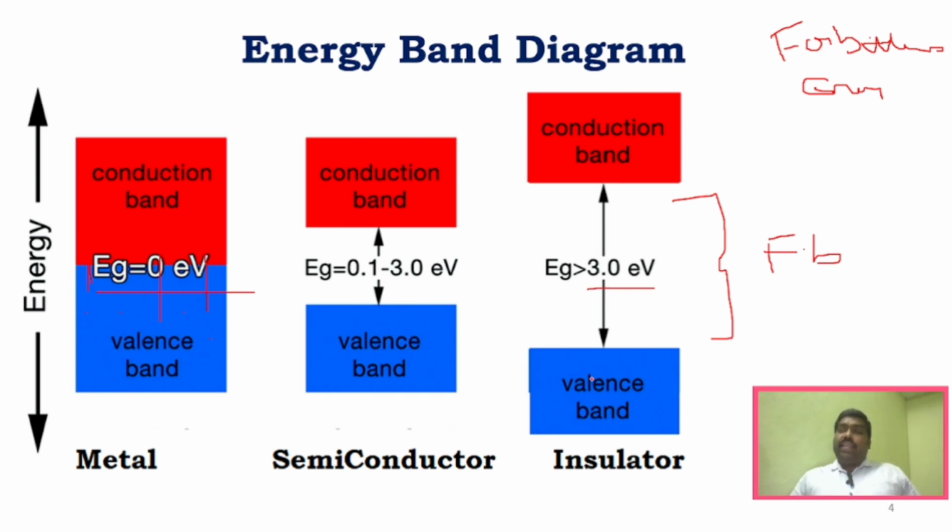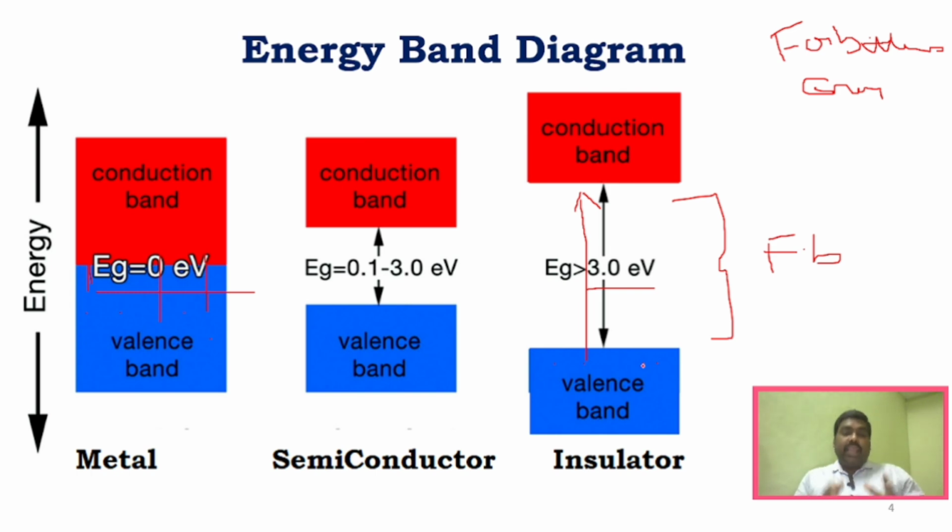So definitely the electrons present in the valency band will not be able to gain sufficient energy to reach the conduction band, right? Because the forbidden energy gap is very high, an insulator will not be able to conduct electricity at any condition. That is, there will not be any flow of electrons, because the electrons will not be able to reach the conduction band.